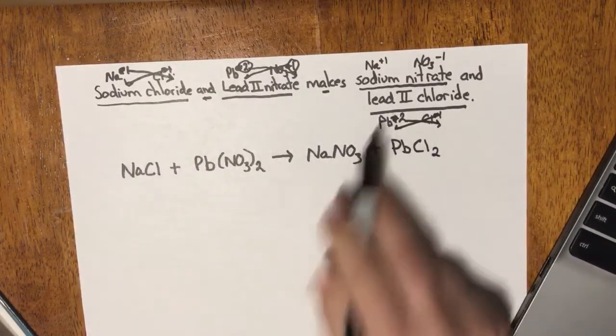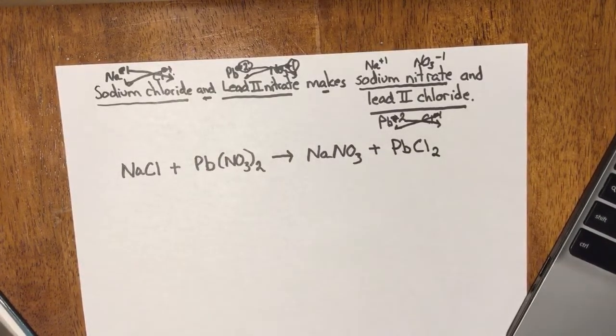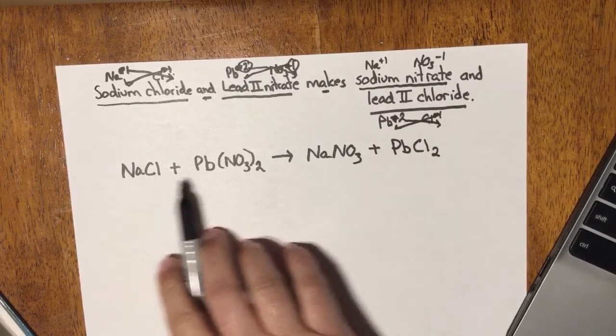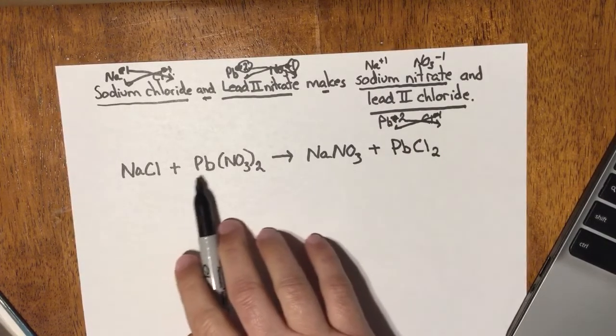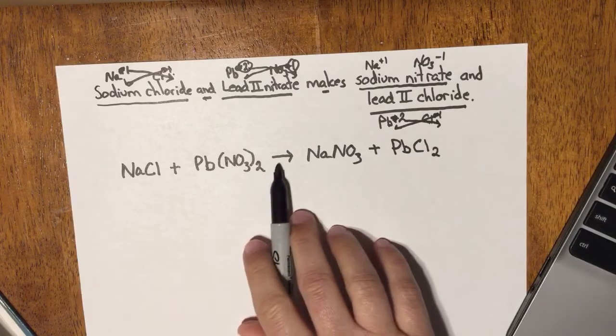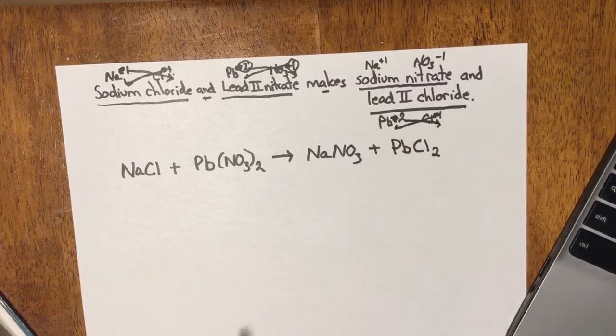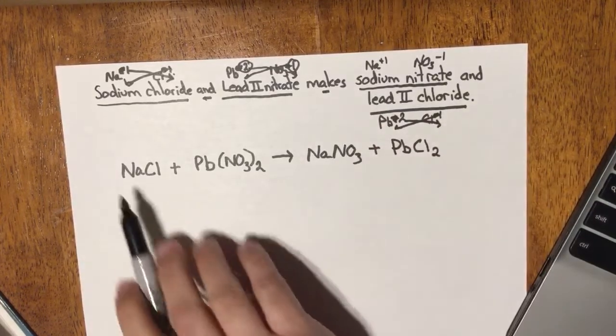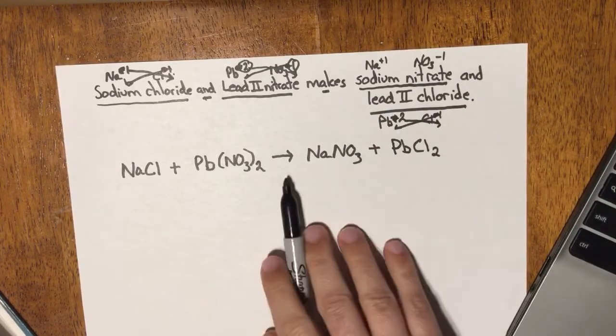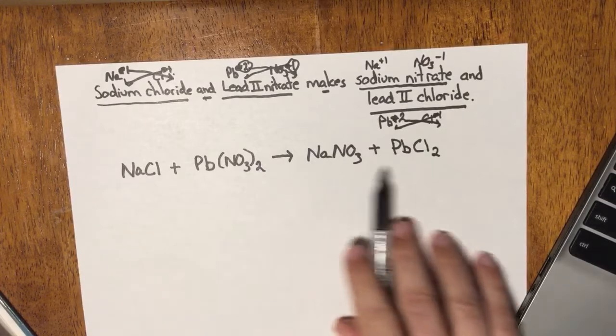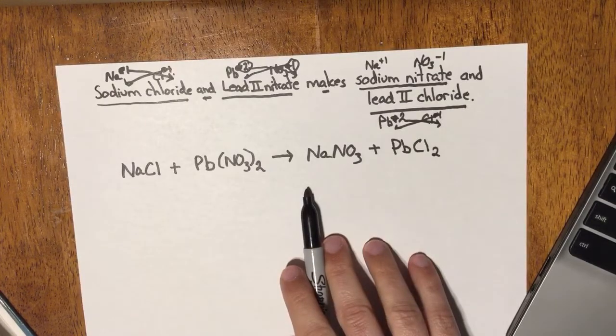So that's taking that word equation, sodium chloride and lead 2 nitrate make sodium nitrate and lead 2 chloride, into our formula equation. NaCl plus Pb(NO3)2 yields NaNO3 plus PbCl2. Same information, just in a much shorter, quicker to write, easier to see method, right?